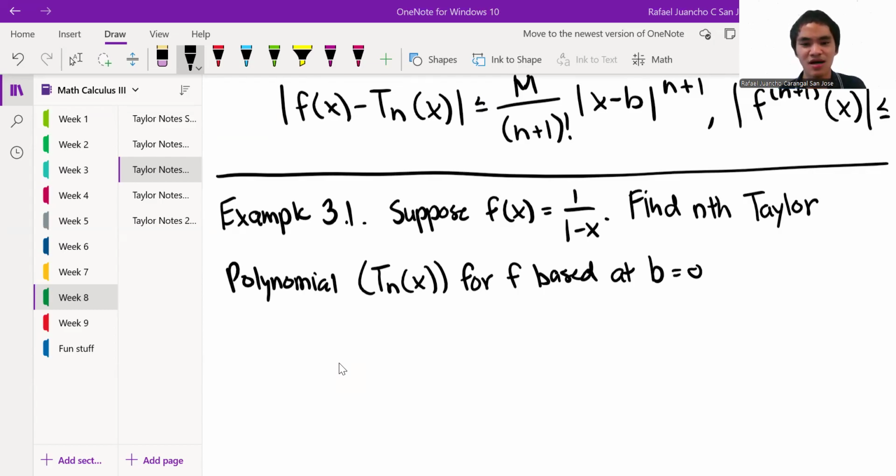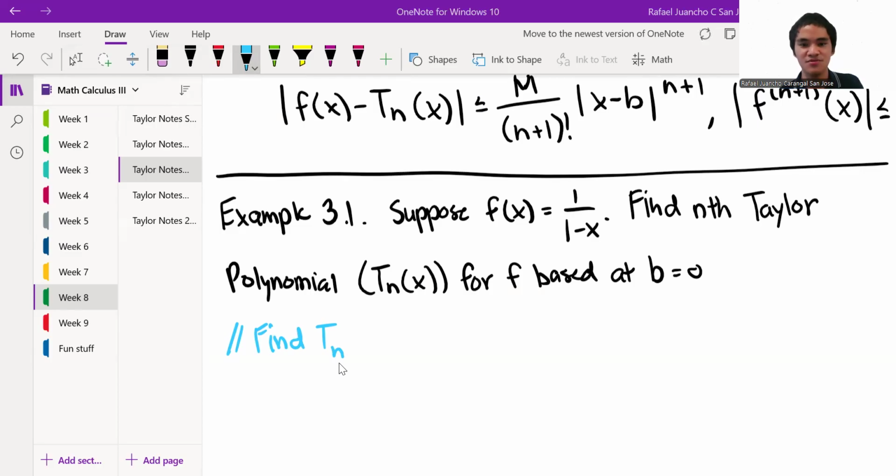So how do we do this, right? Because now we're finding a more general thing. So from our previous videos, we're finding t sub 1 and then t sub 2, but pretty much the steps are the same. Here we're finding t sub n.